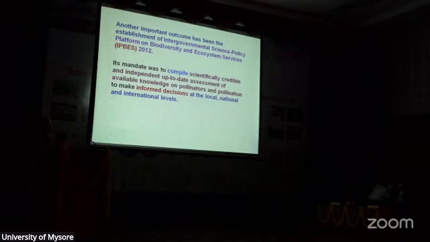Its mandate was to compile a scientifically credible and independent up-to-date assessment of available knowledge on pollinators and pollination to make informed decisions at the local, national, and international level. So this has been doing a lot of work concerned with pollination.